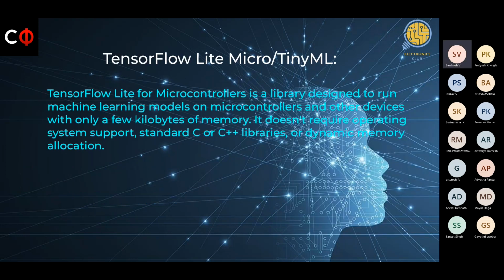TensorFlow Lite Micro for TinyML is much more compressed than TensorFlow Lite. It supports C libraries. The model which we make in TensorFlow is converted to TensorFlow Lite Micro. You can make this on Google Colab notebooks. You can just import the model and run it on any microcontroller device through Arduino or ESP32. In this case, we'll be using ESP32 later.